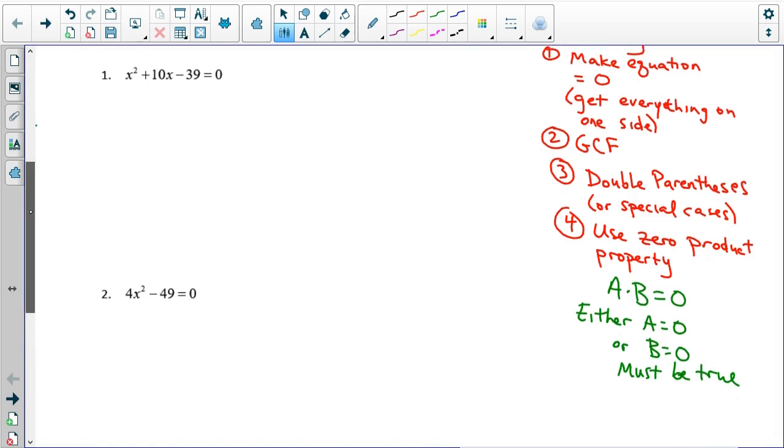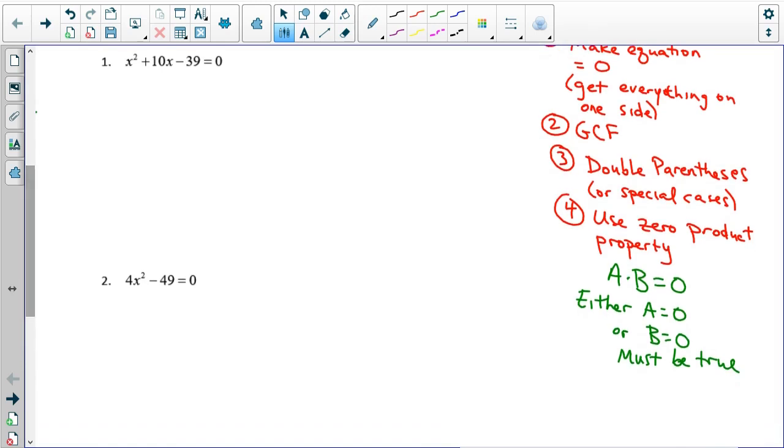So one of those two things has to be true in order for the zero product property to even make any sense. If you have two numbers multiplied together to equal 0, one of those numbers has to be 0. That's just a rule, basically.